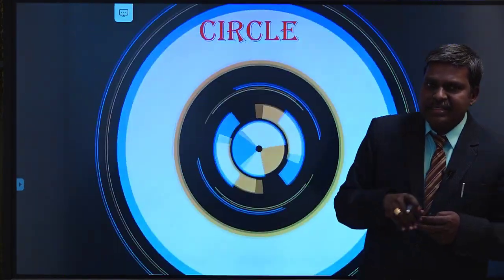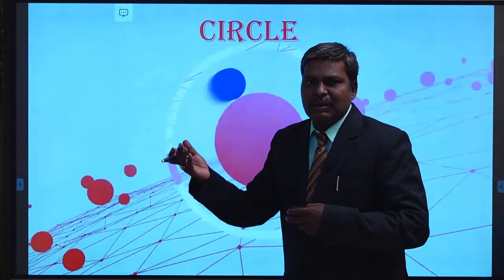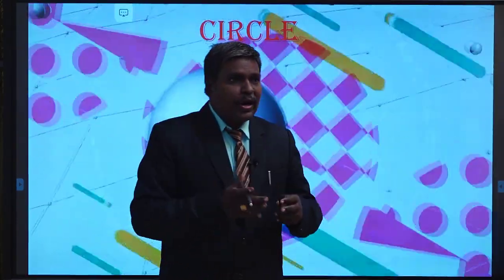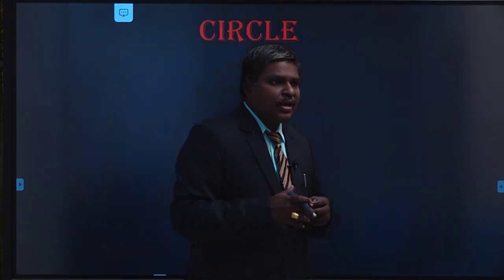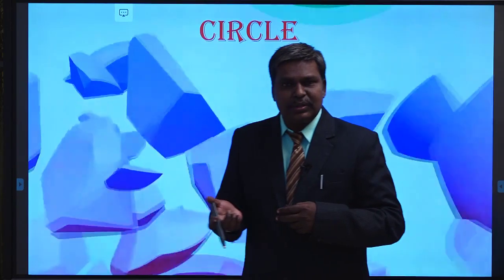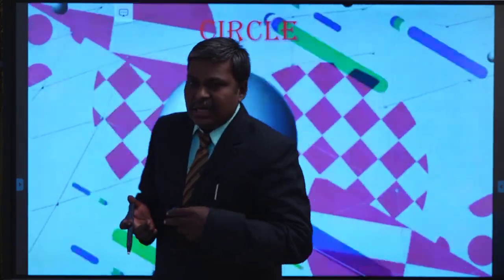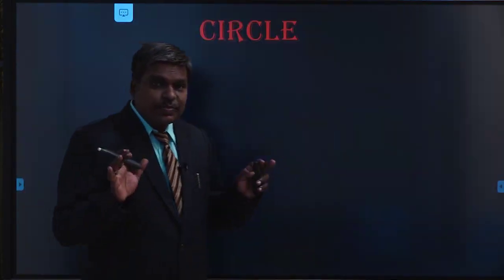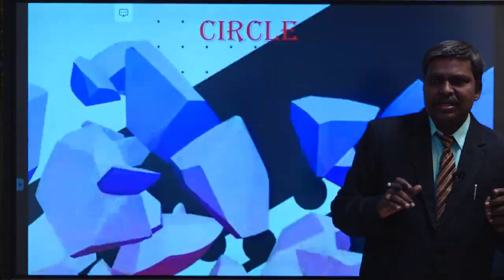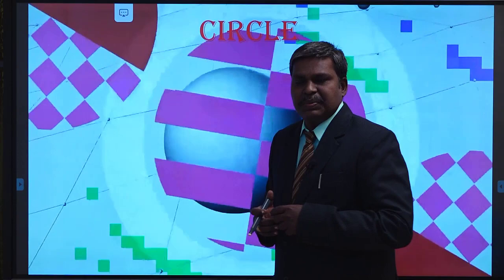Suppose your point is inside the circle, then the polar is completely outside the circle. Understand? So depending upon the position of the point, the polar may be chord of contact, or tangent, or completely outside the circle. And the polar of the center of the circle with respect to the same circle does not exist. We have discussed all these things in the previous class.